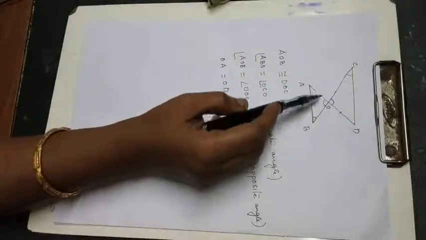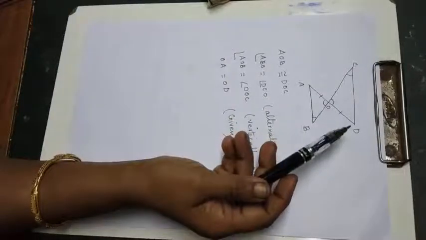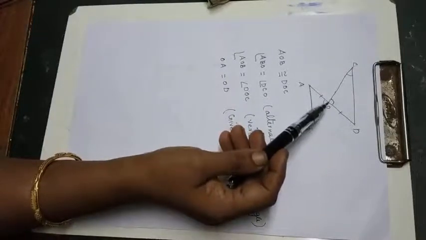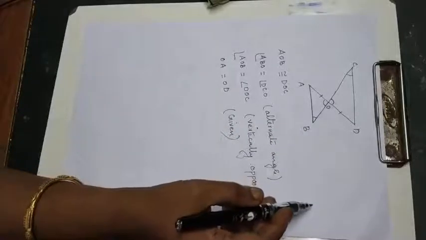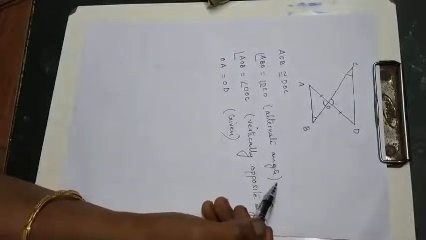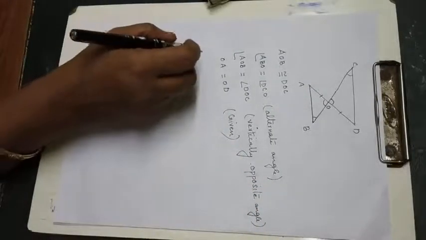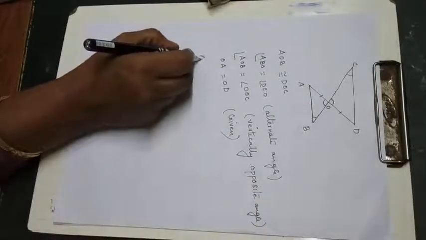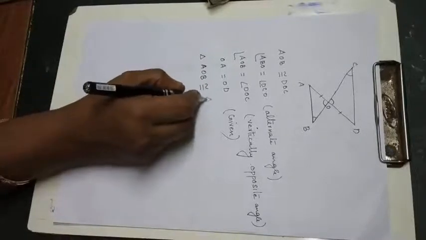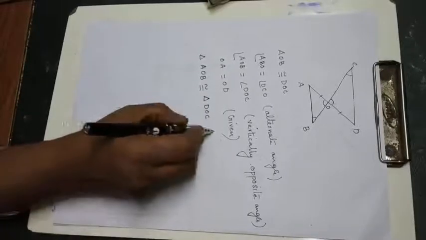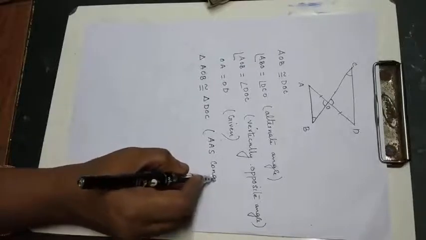These two angles and one side. Look at that side, it is not the included side, so we cannot take ASA. Instead we will take AAS, because here we take any two angles and one side. So by AAS, triangle AOB is congruent to triangle DOC by AAS congruence rule.